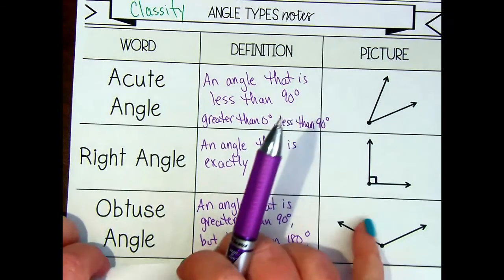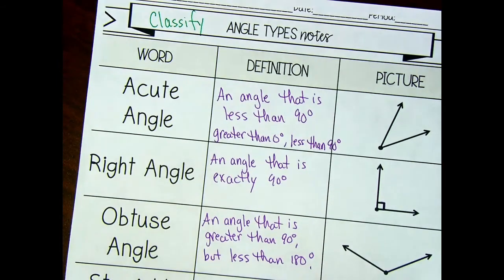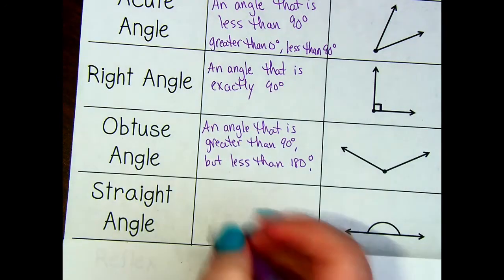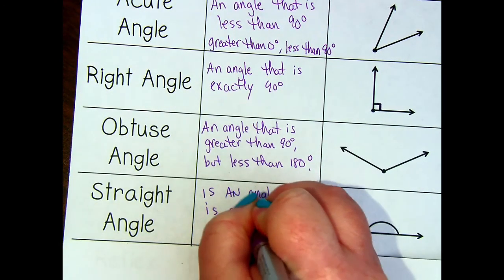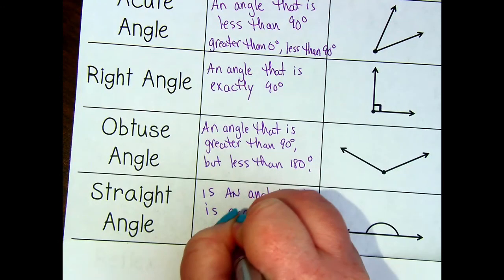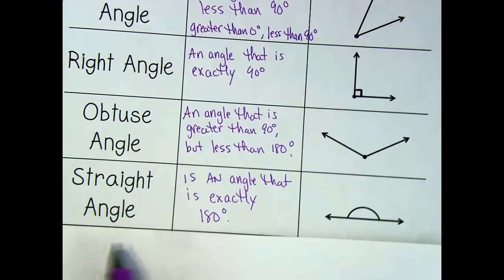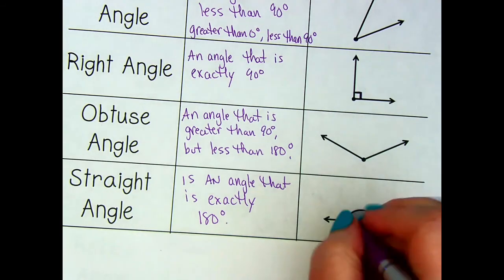There's a 4th type of angle called a straight angle. And a straight angle is an angle that is exactly 180 degrees. And you will notice that a straight angle is similar to a line, except in a straight angle there will be points.